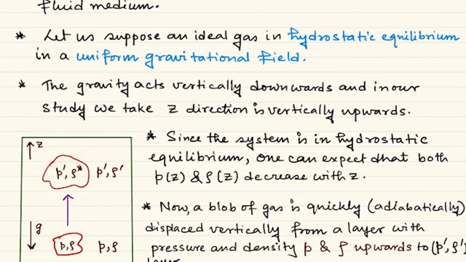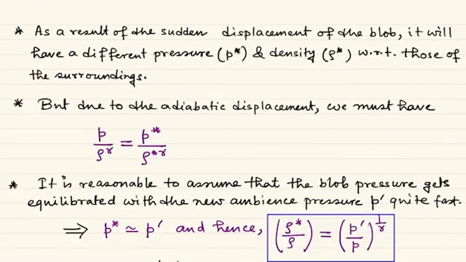Okay, this blob will have a pressure which we can call P star and rho star. Here I have written P prime, I will explain this. But as a result of the sudden displacement of the blob, it will have a different pressure and density, P star and rho star, with respect to those of the surroundings. Okay, so the blob is no longer indistinguishable with respect to the surroundings because the surrounding is a new one.